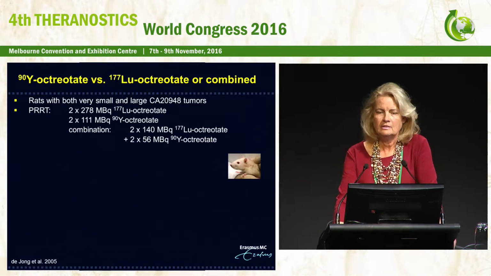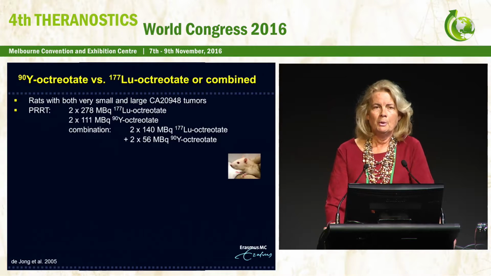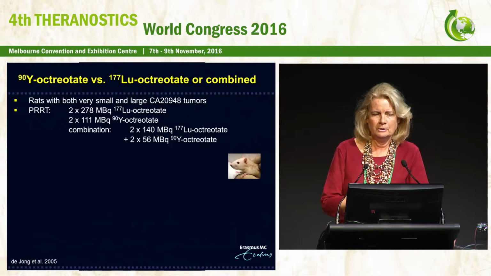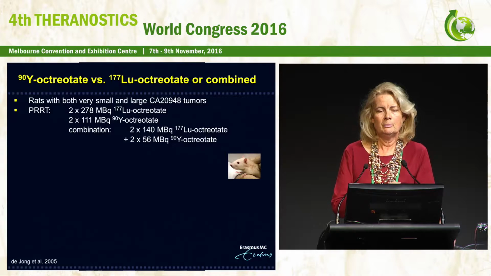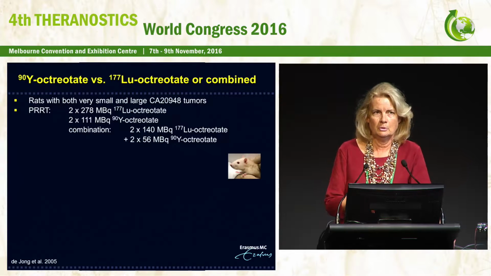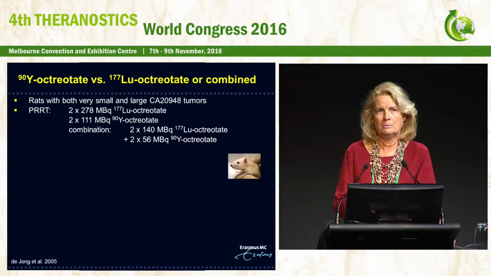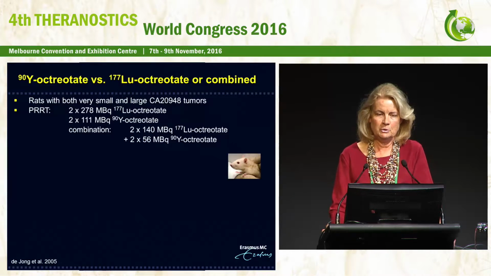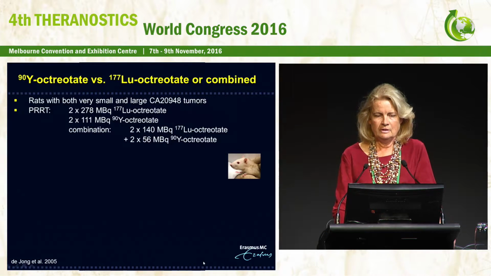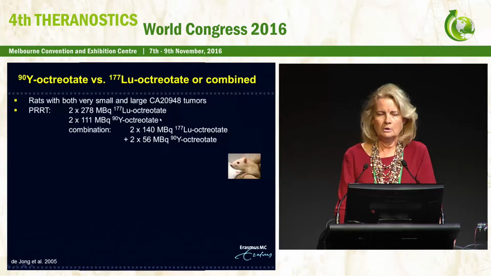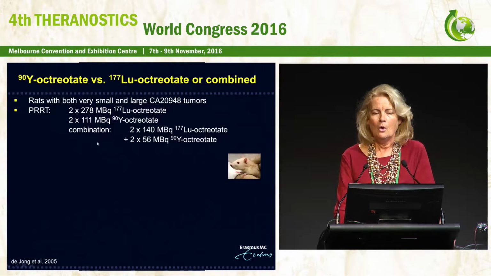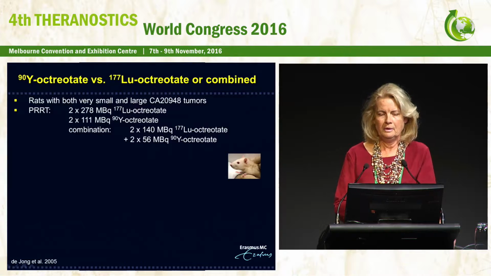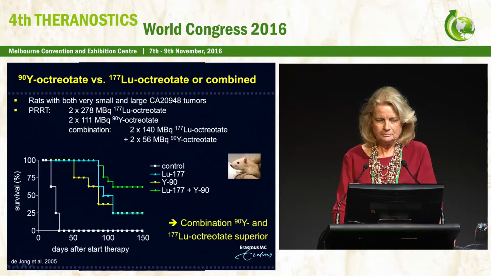So this we tested in rats, bearing both very small and larger tumors, and we compared yttrium-90 octreotide versus lutetium octreotide in doses that gave the same radiation dose in gray. So we injected the animals either with lutetium octreotide or with a lower dose of yttrium octreotide, or with 50% of both in the combination series.